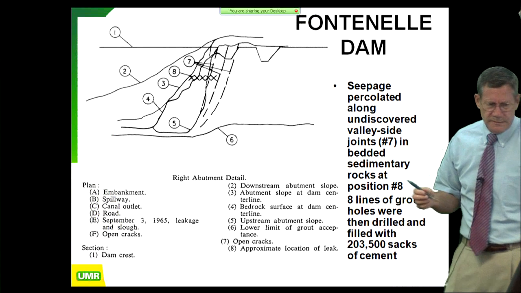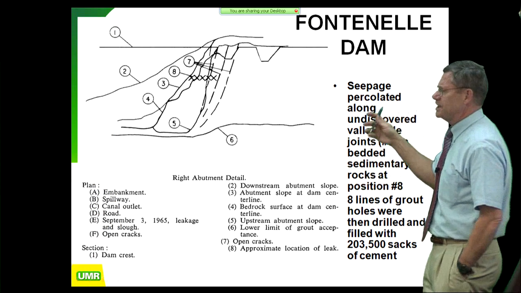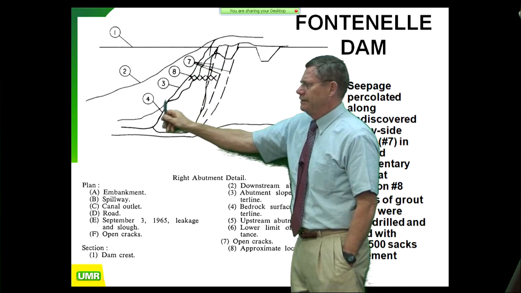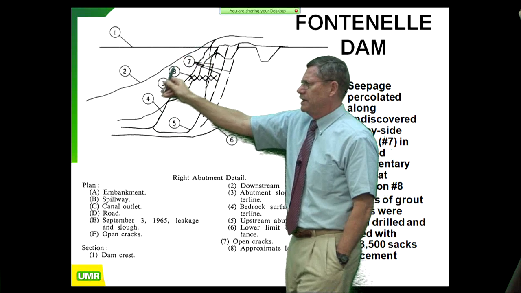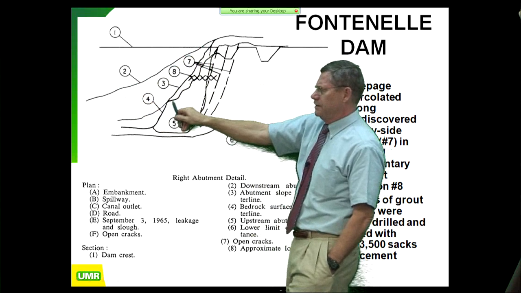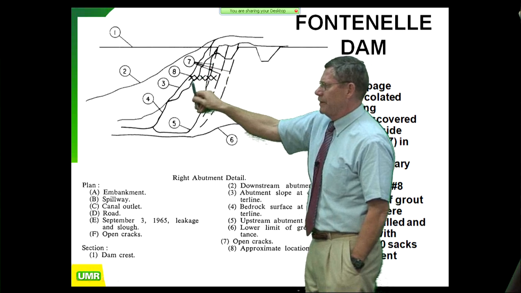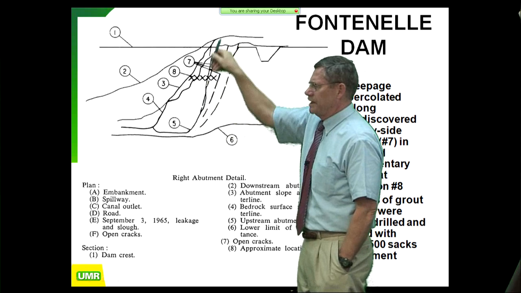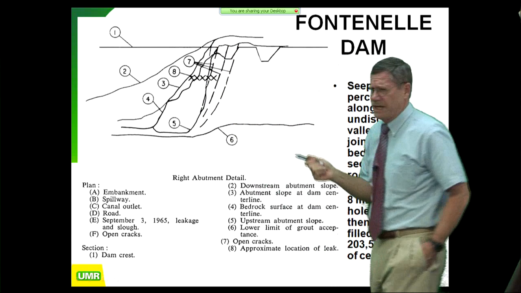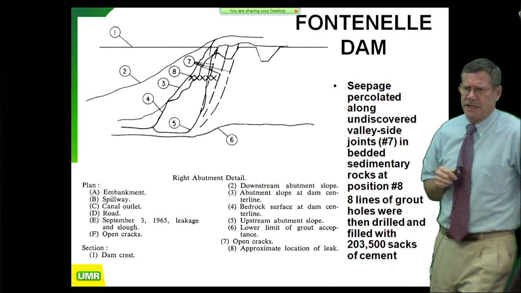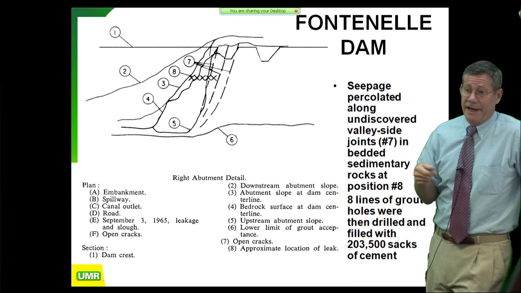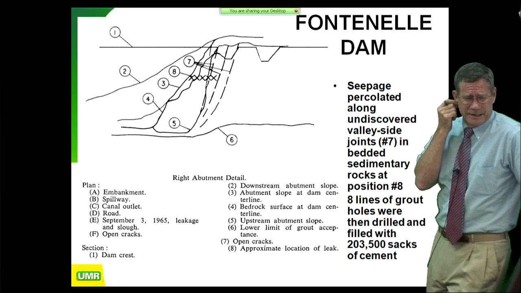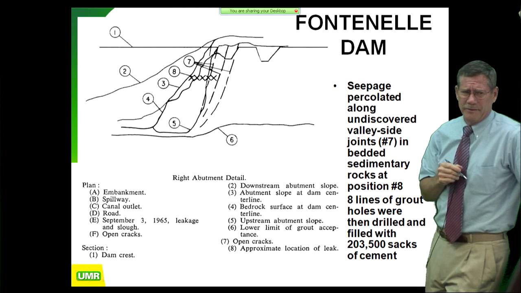And if we look in the right abutment, now we're on the other side of the dam, looking downstream. Here's the original abutment line. There's where the hill originally was. This is their over-excavation for the dam. And what happened in here, they had these valley side joints in the Green River Formation. And the Green River Formation is a sedimentary rock. And in pure geology textbooks, they preach, and I was a victim of this in school, they say, well, we don't get valley side joints in sedimentary rock.